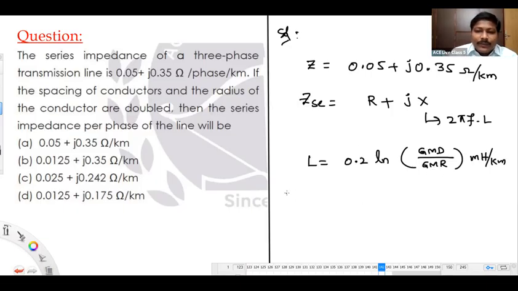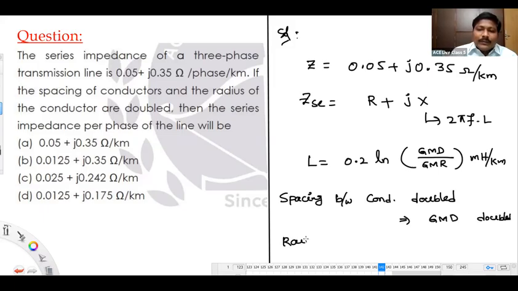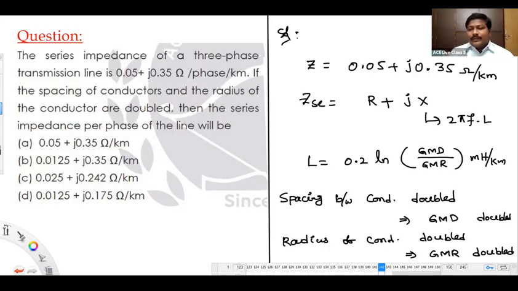So spacing between conductors doubled means GMD doubled, and radius of conductors doubled means GMR will be doubled.